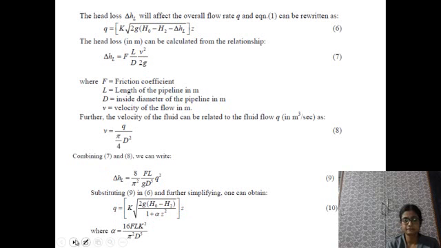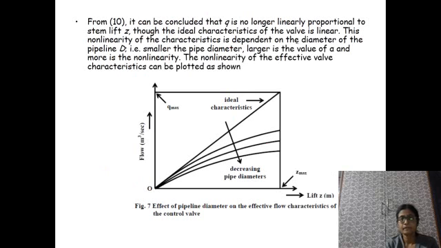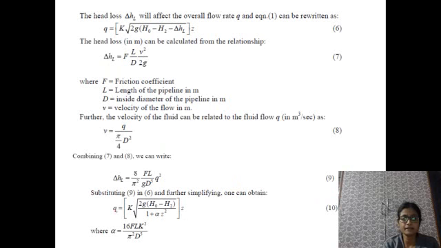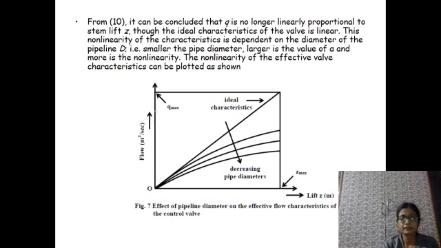And how the characteristics will be changed: if we plot the response of Q versus z from here, the ideal characteristics was that much linear, and now the response of Q is like this, since at the denominator there is a z square factor.